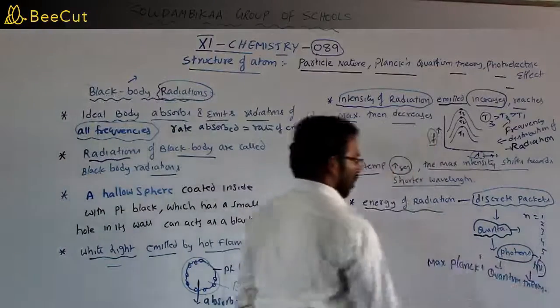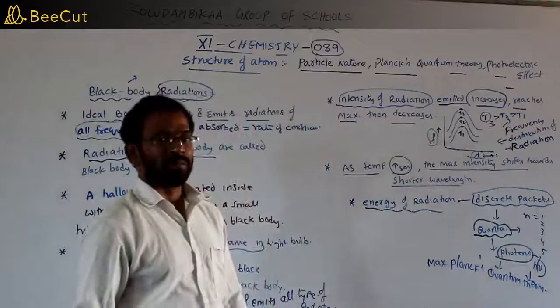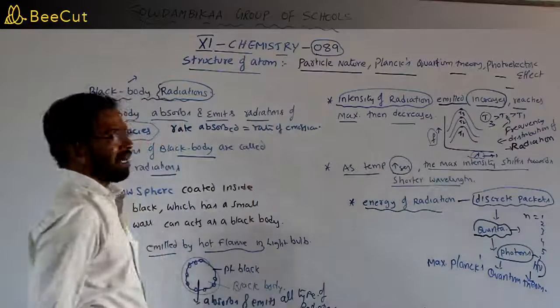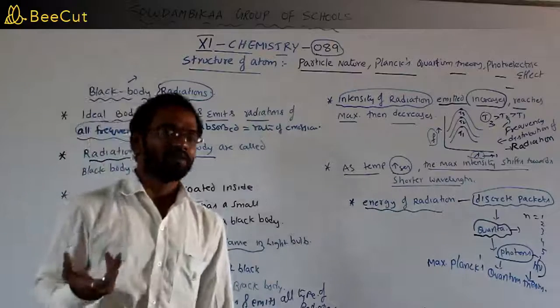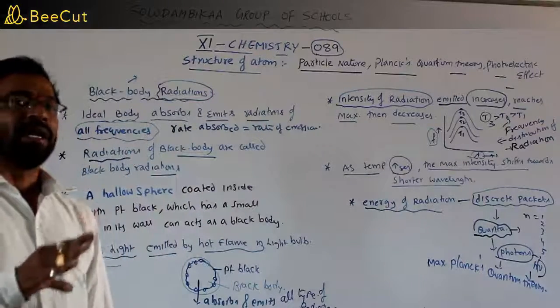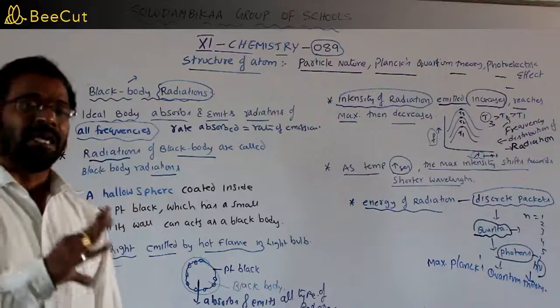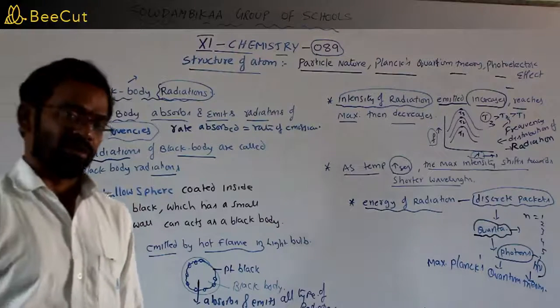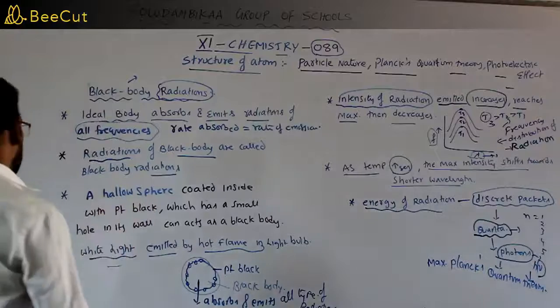Now Max Planck's quantum theory will be discussed here. What do we need to study about it? The definition and statement, explanation, mathematical formula, units and measurement, and the significance and applications.